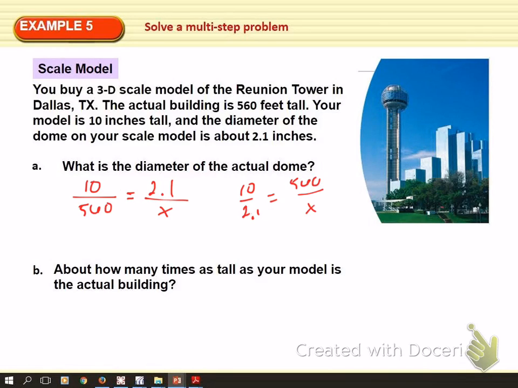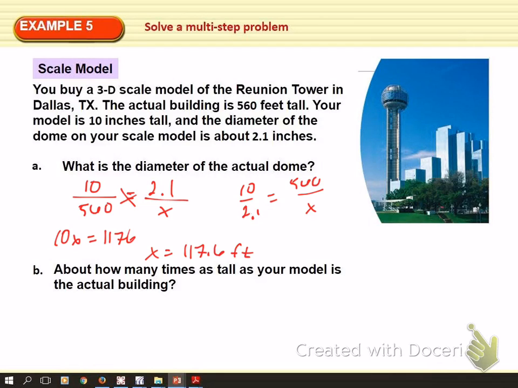But we're getting into the same issue as the first example, where all of these proportions end up being the same. So as long as you're careful about making sure that your ratios are following a similar pattern, then you should be in fine shape. So the diameter of that dome apparently is 117.6 feet.